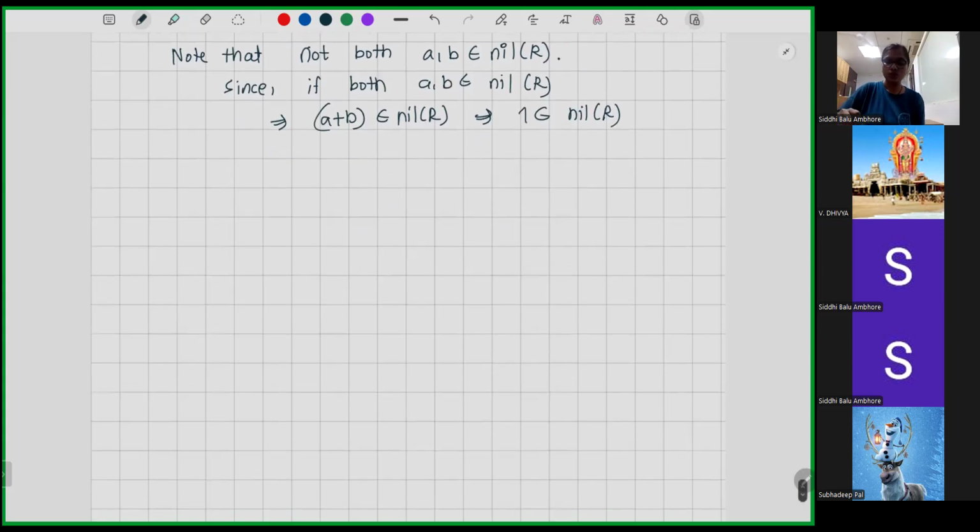So let us choose both A to the power n and B to the power n to generate ideals I1 and J1.